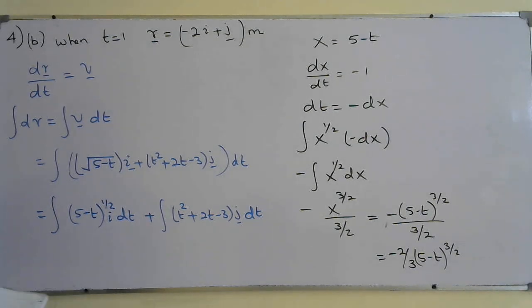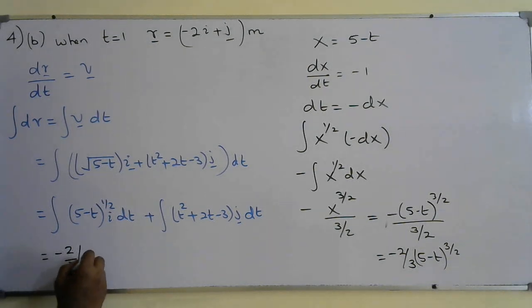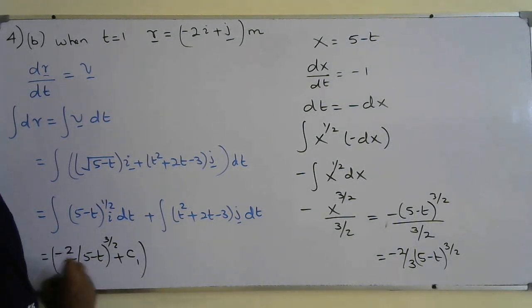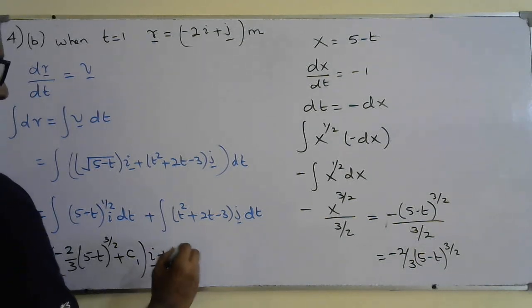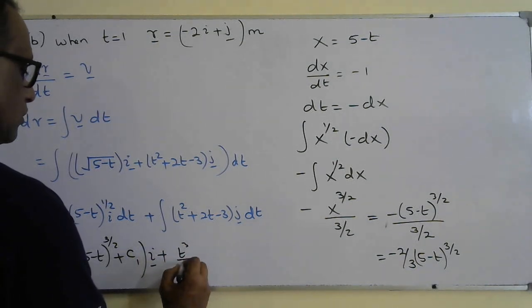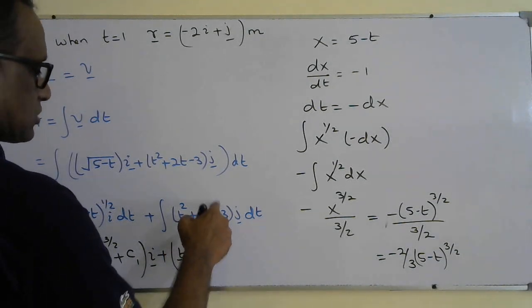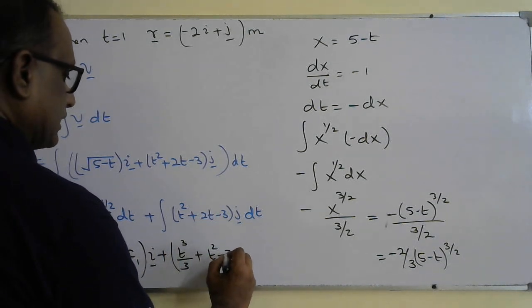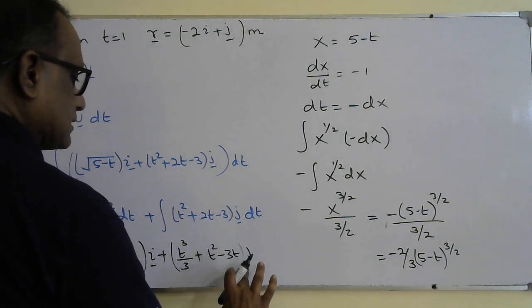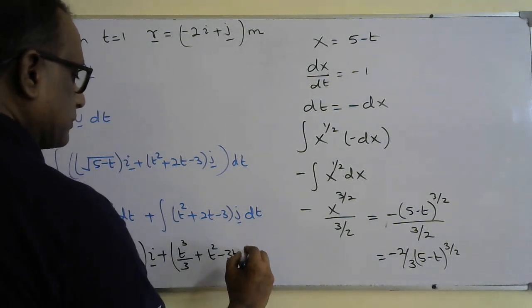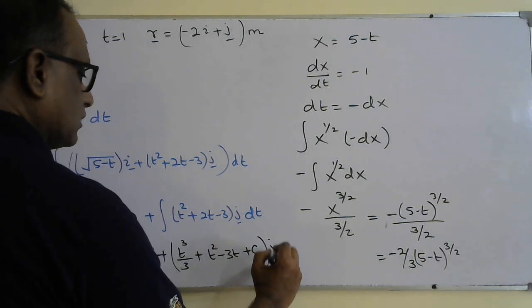So the integral will become minus 2 by 3, 5 minus t to the power 3 by 2, plus c1, i, plus t cubed over 3 plus 2t squared over 2, that is t squared, minus 3t plus c2, with the constant c2 put separately, c2 j.